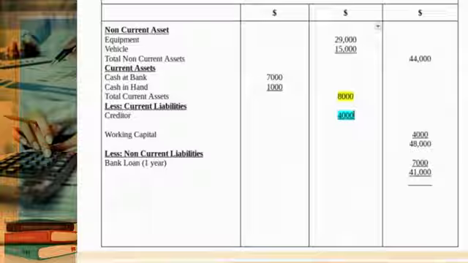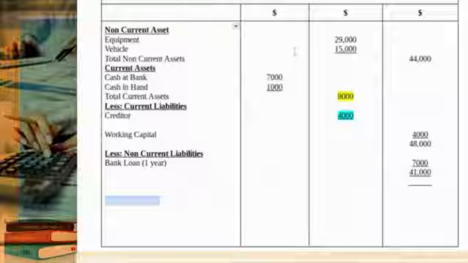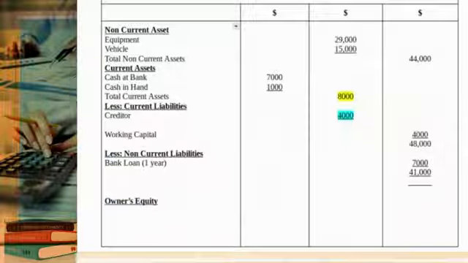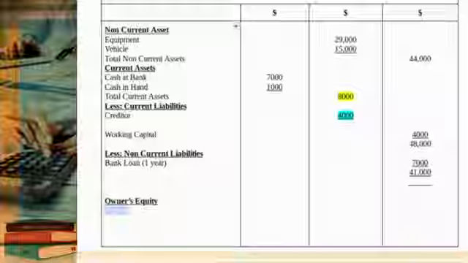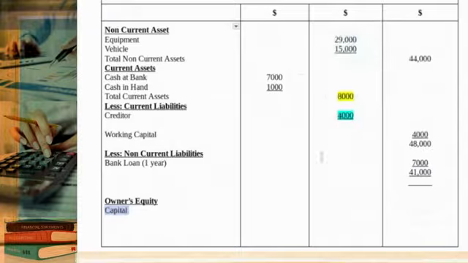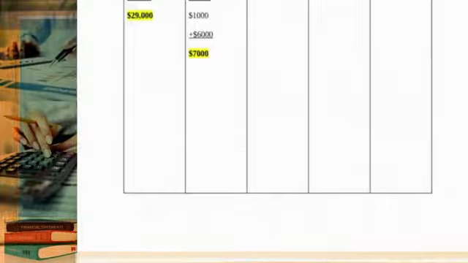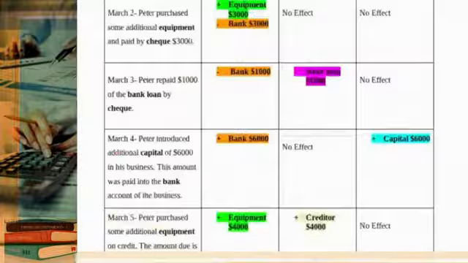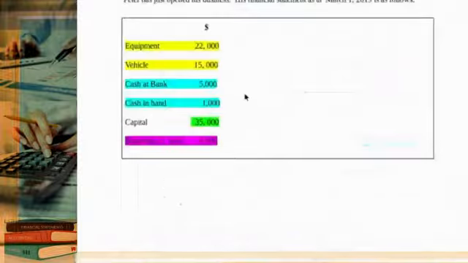So now we're going to move to our owner's equity. So that's the new heading. So owner's equity. And capital would be recorded right here. And the capital figure would be, so originally it was $35,000.